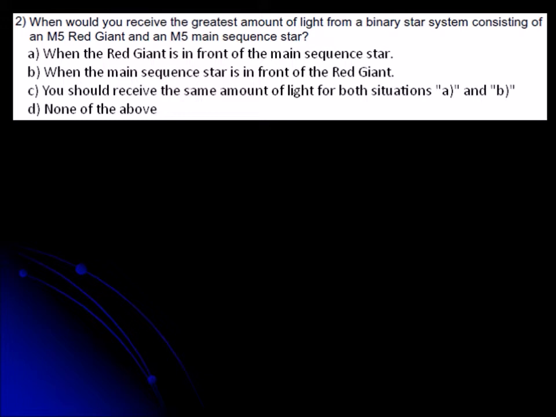On question number 2, when would you receive the greatest amount of light from a binary system consisting of an M5 red giant and an M5 main sequence?